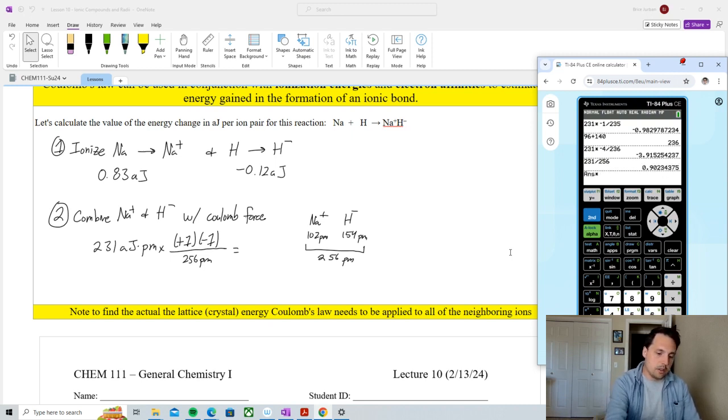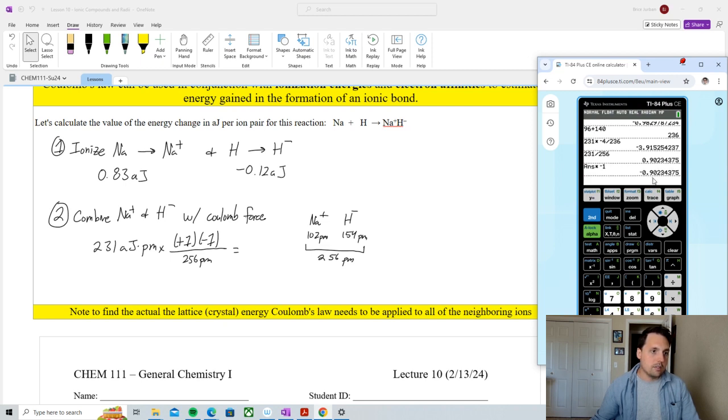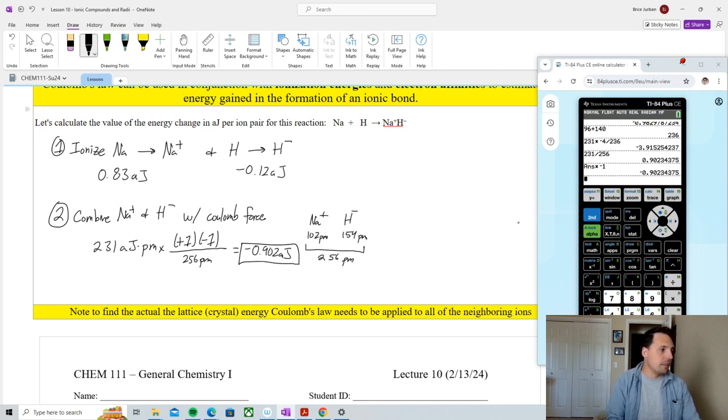Okay, and then I need to multiply that by -1. So negative 0.90 attojoules. But the overall energy here is going to be the sum of all of these together. All right, so now we'll combine all these energies.